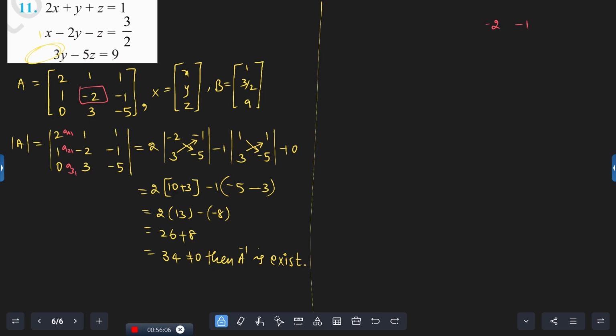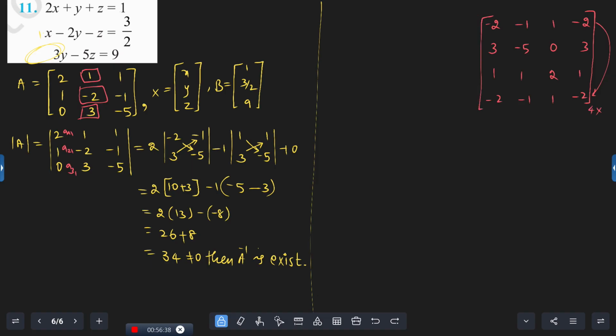After 1, again the first number should come last. Then we come back to the next row, that is 3 minus 5 0, and again the first number comes here. After that we go back to the first row, that is 1 1, then 2 1. So the first row again we write here: minus 2 minus 1 1 minus 2. This is our required 4 by 4 matrix format.